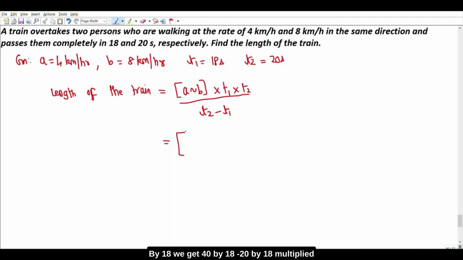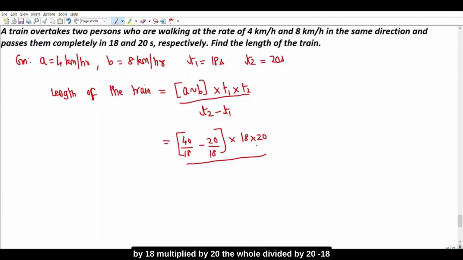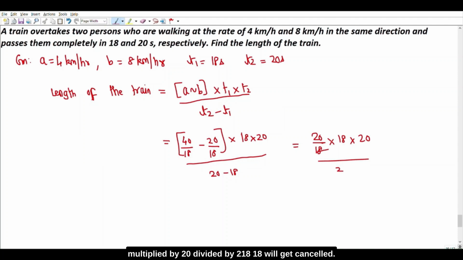Multiplying each by 5 by 18, we get 40 by 18 minus 20 by 18, multiplied by 18 multiplied by 20, the whole divided by 20 minus 18, which in turn gives 20 by 18 multiplied by 18 multiplied by 20 divided by 2. The 18 will get cancelled. The answer will be 200 meters. Therefore, the length of the train is equal to 200 meters.